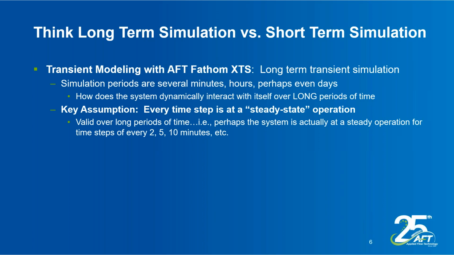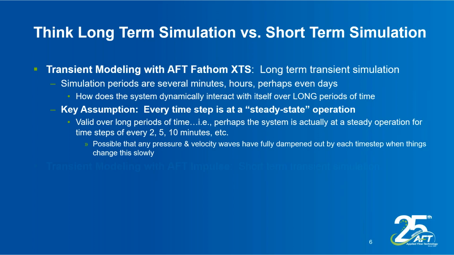So that's a very valid assumption for each time step being at a steady state when you're looking at longer periods of time with relatively larger time steps. So that's the time scale that you're working with in AFT Fathom XTS.